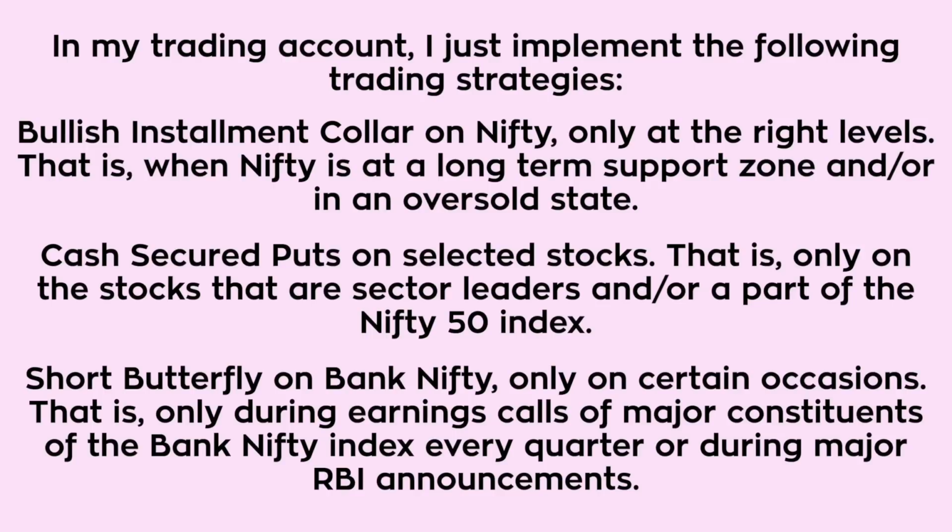Cash secured puts on selected stocks, that is, only on the stocks that are sector leaders and or a part of the Nifty 50 index. Short butterfly on Bank Nifty but only on certain occasions. That is, only during earning calls of major constituents of the Bank Nifty index every quarter or during major RBI announcements.